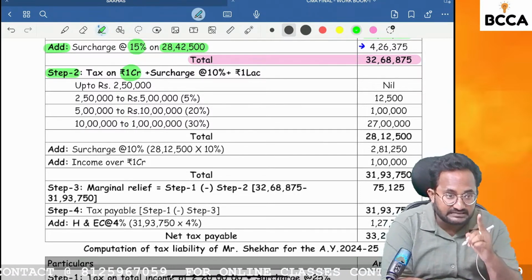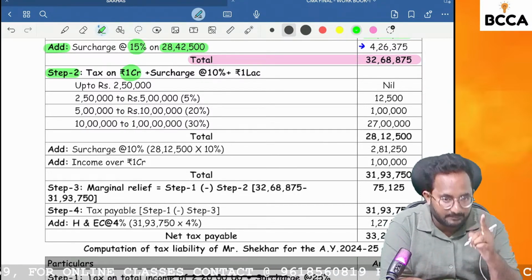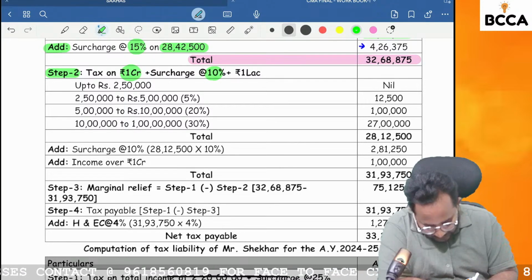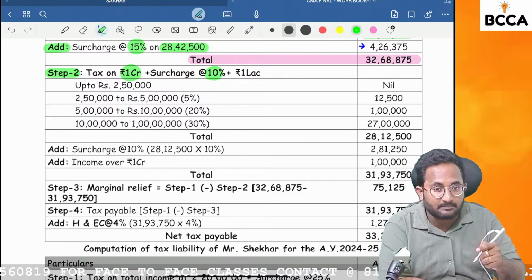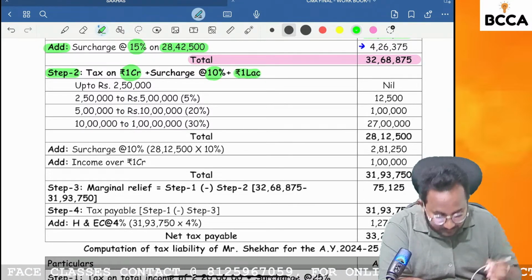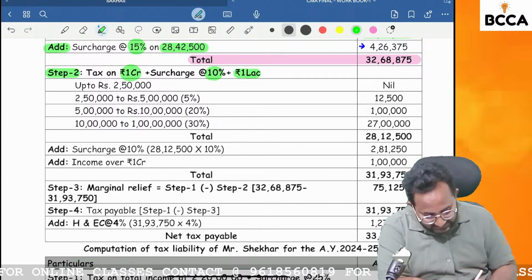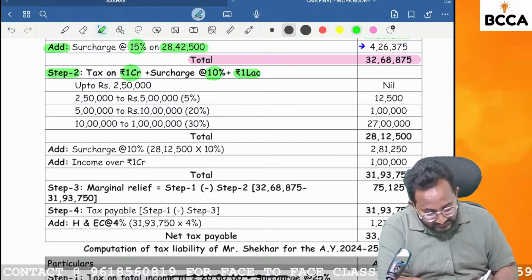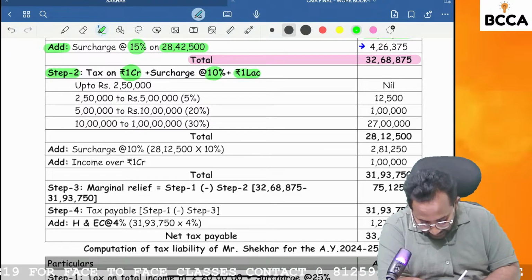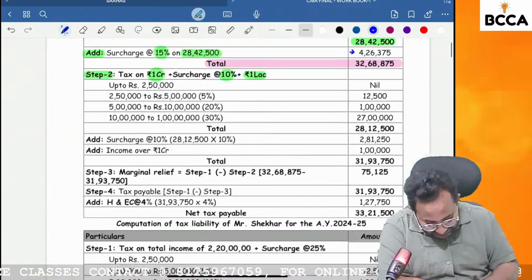What is the surcharge at 1 crore? 10%. Plus the additional income over that basic limit, which is 1 lakh. You compute the tax liability, and then add the surcharge.